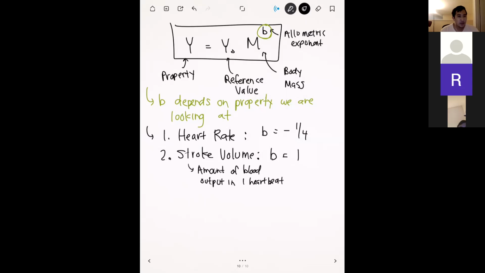It gets this name because in one stroke of your heart, that's the volume of blood that comes out. The fact that b is 1 here means that stroke volume scales linearly with body mass.